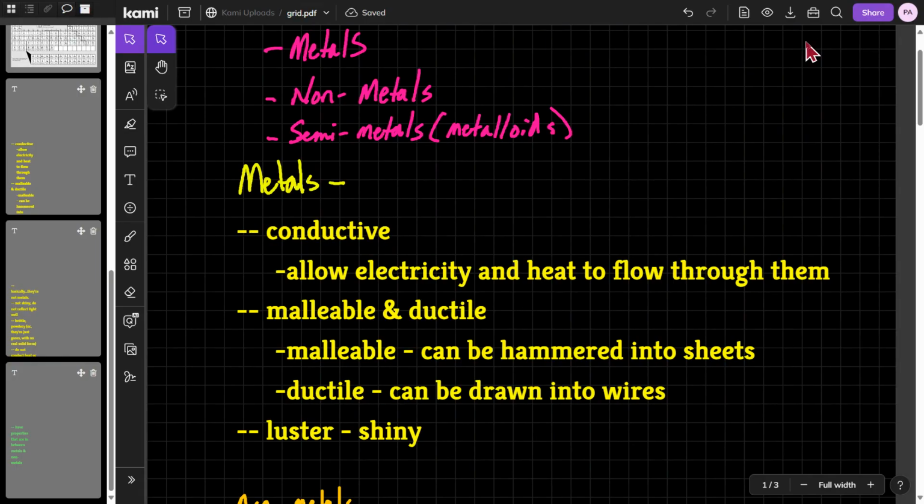Okay, because they're metals. In fact, the best two conductors we have are gold and mercury. Gold, however, we don't like to use extensively in wires because it is more valuable for other purposes. So the next best is silver.